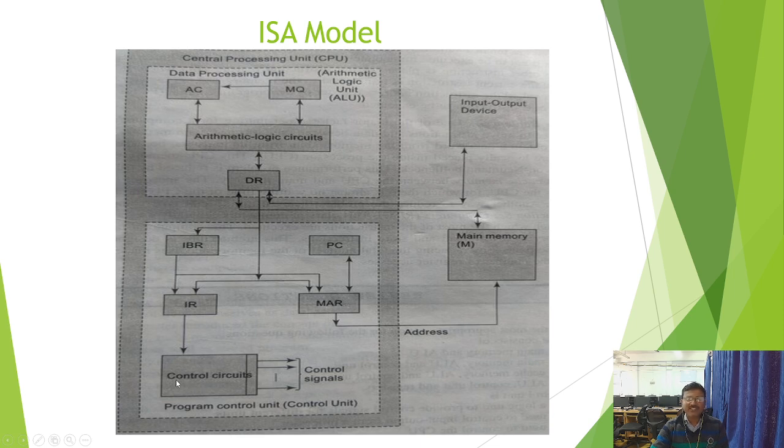The control circuits generate the control signals which are used to synchronize all the digital elements as well as the instructions to be executed by the ALU. So all these components are gathered to make the ISA model, the simplest model of how a C program or any other high level programming language is executed by the CPU.